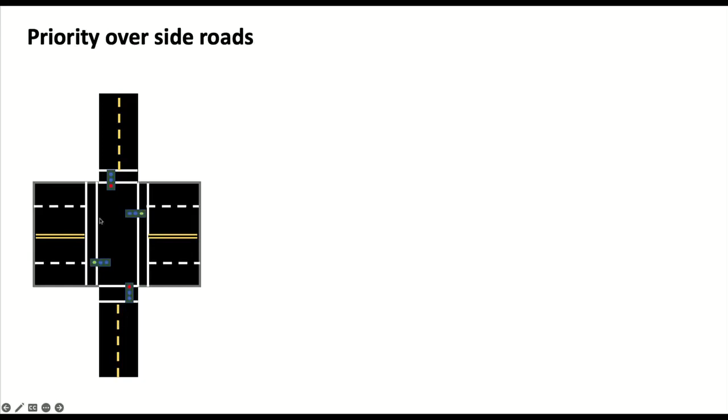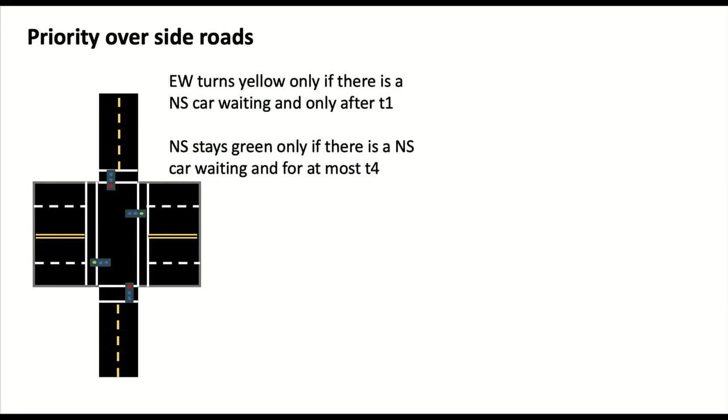One way to do that is to prioritize the main road. So you could give it a longer light, but one other thing to do is to only respond to the side roads if there's actually a car there.